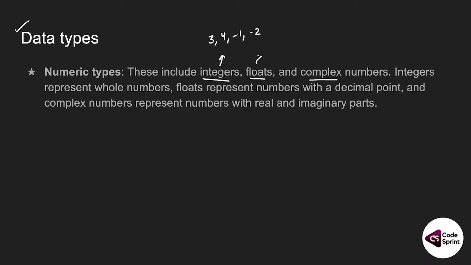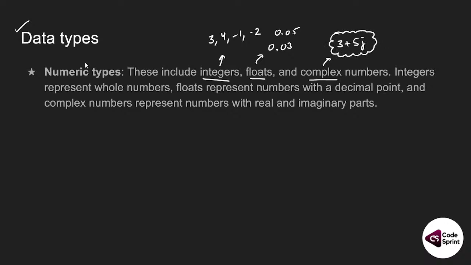Floats are like 0.03, 0.05. And the complex ones you have learned. Here you do not use i, you use j, like 3 plus 5j, because it is the standard notation.